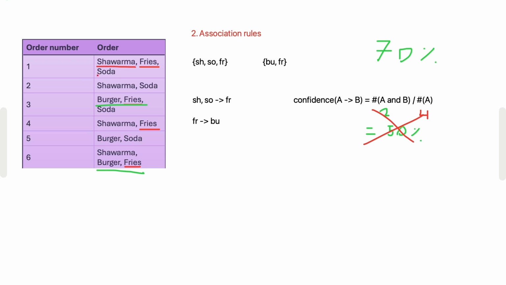So we have an A of 2. And now we have to see how many times A and B are. So shawarma soda and fries. So shawarma soda and fries is here only a single time. So it's 1 out of 2, which is again 50%, and therefore not a good predictor, since it's basically random again. Maybe I could have selected a bit of a better example.